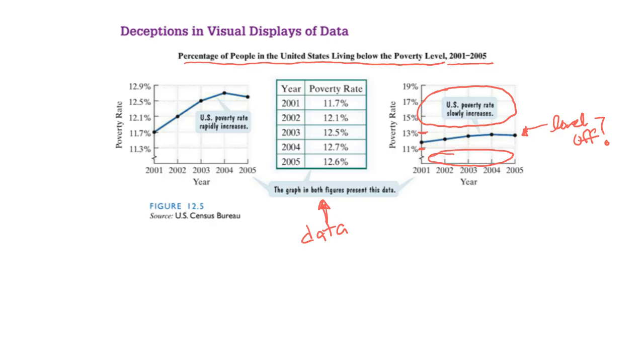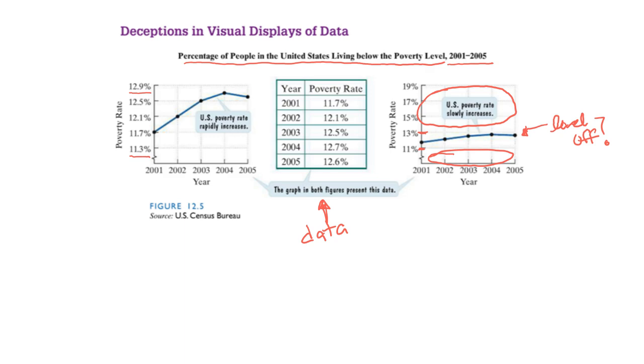So what would be a better idea is to zoom in between 11 and 13% so that you can get a better depiction of what this data is telling you. So we'll take a look at the first graph. And the first graph, notice they're starting at 11.3%, and it goes all the way out to 12.9%. So this data set is focusing on 11% to 13%.